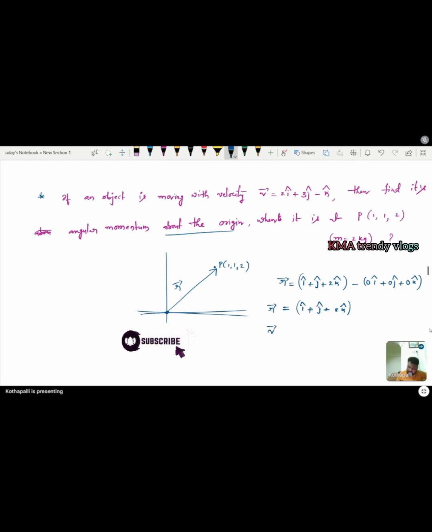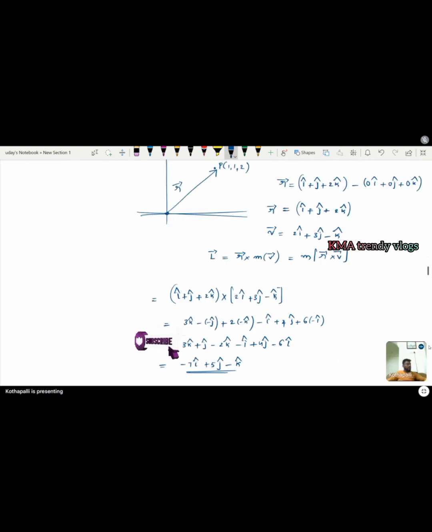And we know the velocity vector is given, 2i plus 3j minus k. Then angular momentum will be what? R vector cross m into v vector. So m you can take out. What is this? R vector cross v vector. Can you solve that cross product of the two vectors? Solve it and tell me the final answer. You have to calculate the cross product of the two vectors right now. 5j minus k.